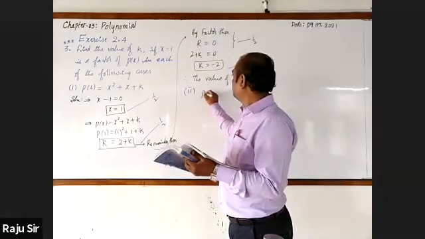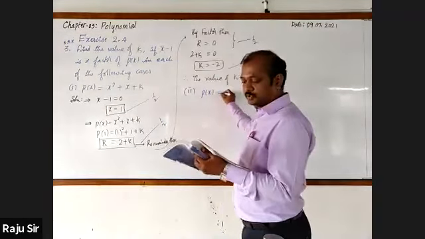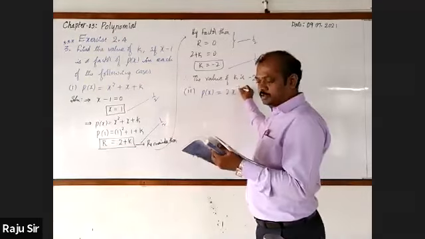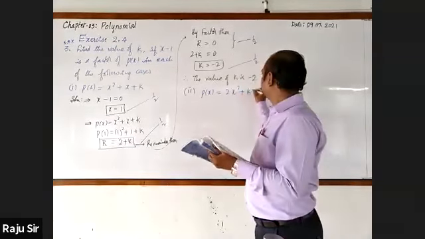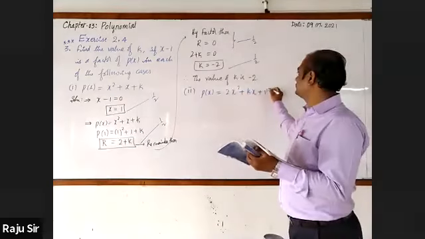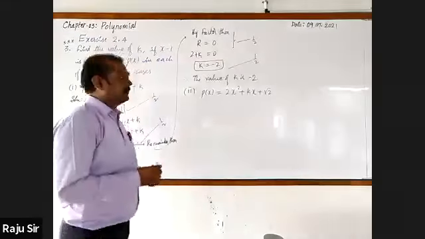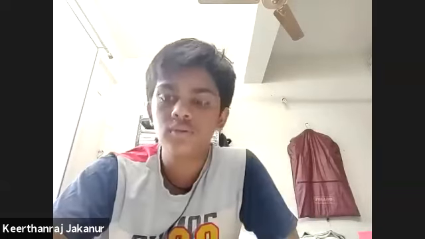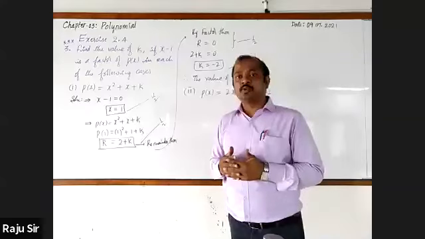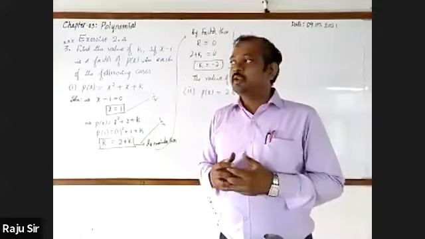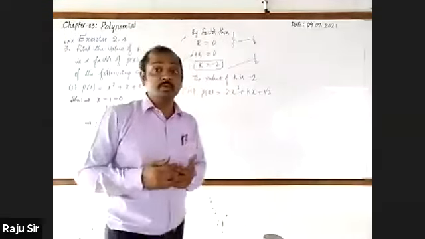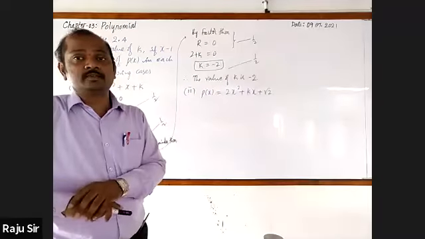Second one. P of x is equal to 2x square plus kx plus root 2. K is -2 minus root 2. Did you get two values? How do you say that it has 2 values?